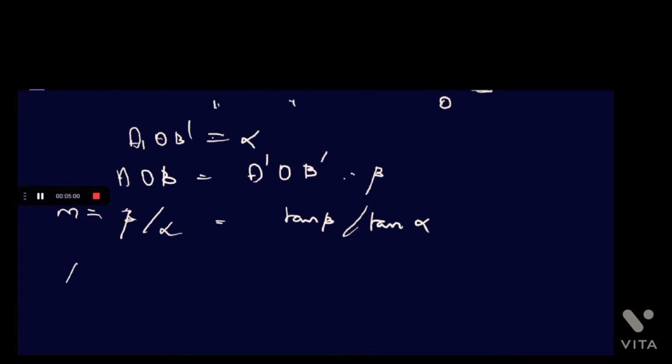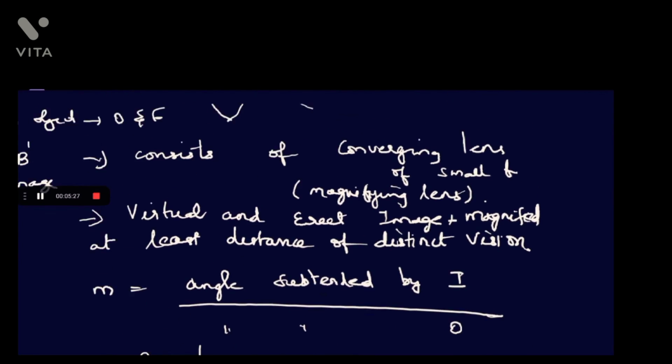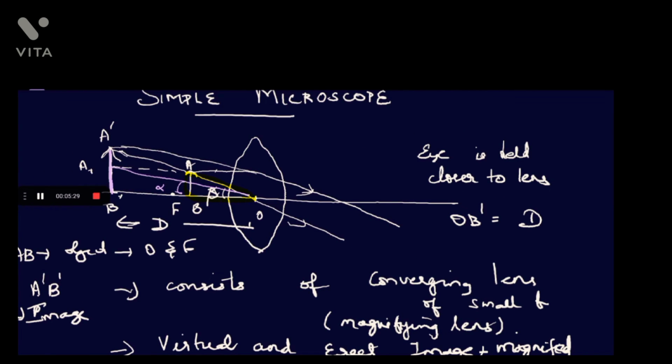Now take the triangle AOB, in which tan beta is opposite side by adjacent side, AB by OB. And in the triangle A1OB dash, tan alpha is A1B dash by OB dash, in which if you compare this in the diagram, this A1B dash will be the same as the length of AB.